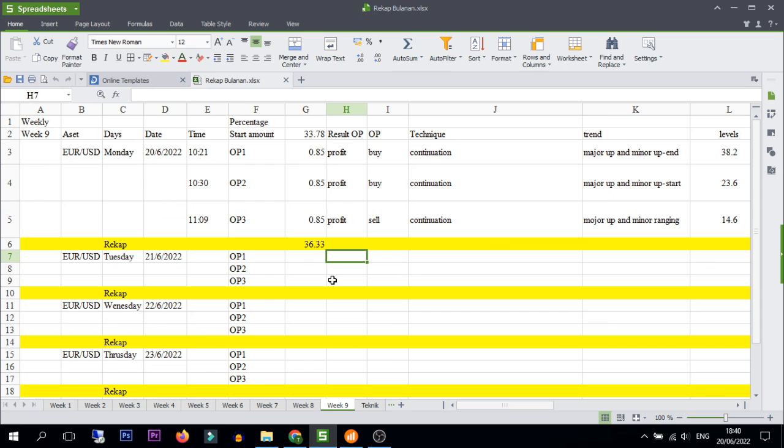So that is the clue for me that I can still become a consistently profitable trader if I learn from my mistakes, and I hope that it happens step by step, because sometimes we get worse times, like in week 8 I just lost from 49. Okay, it became 33 again, and that is the lesson for me.